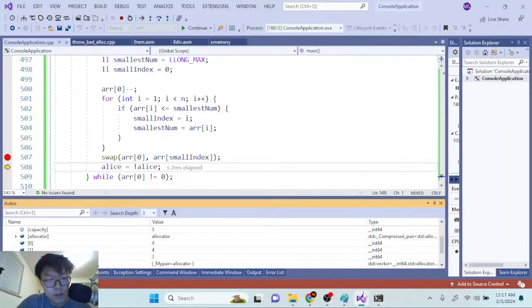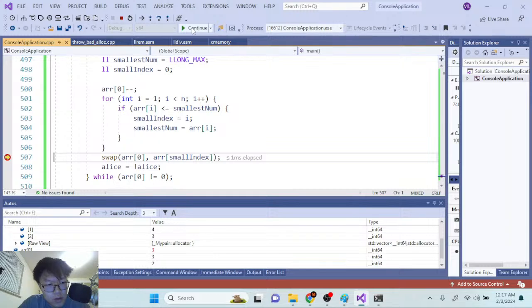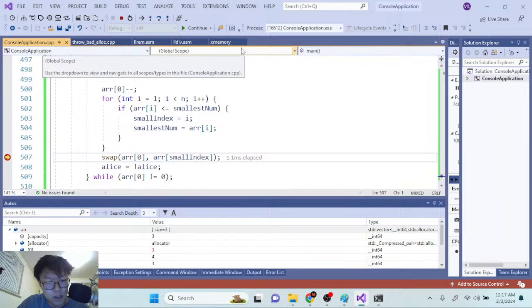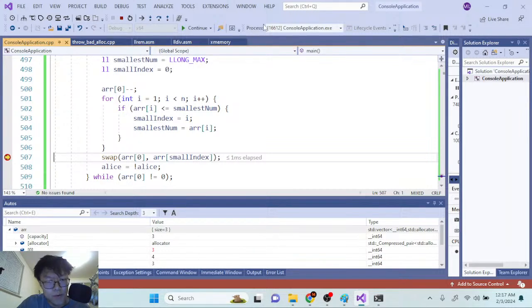Am I doing the smallest one? What am I doing? 4, 4, 3. Wait. 3, 3, 4, 3. Minus 1, 2. Swap it with 3. Should you get 3, 4, 2?